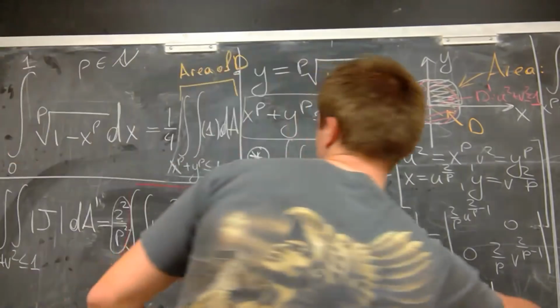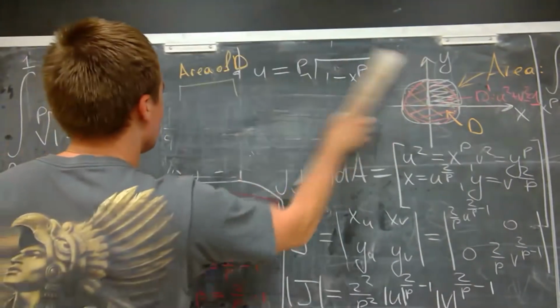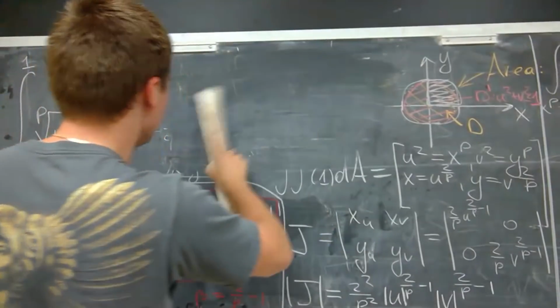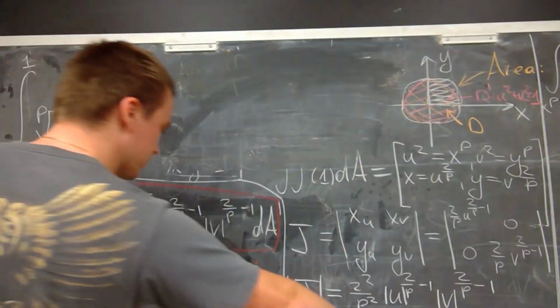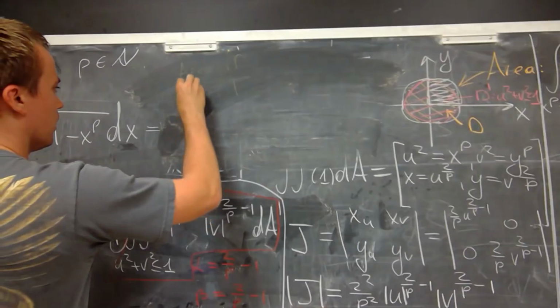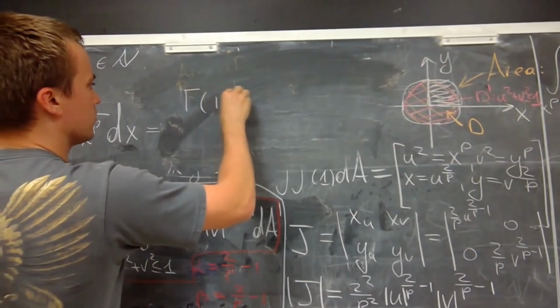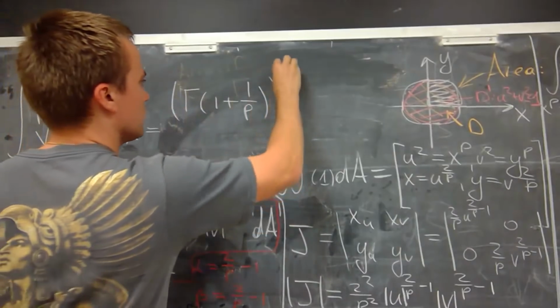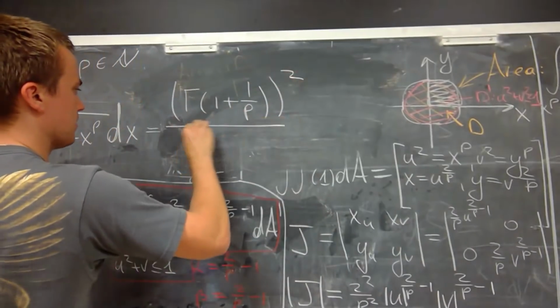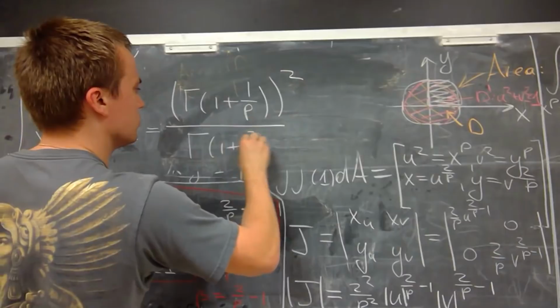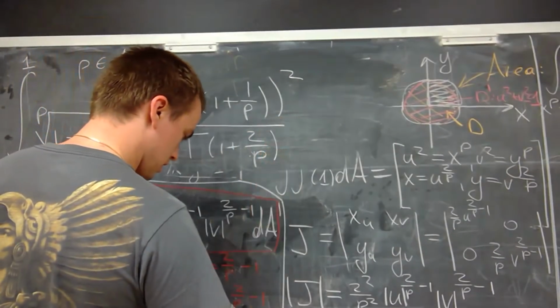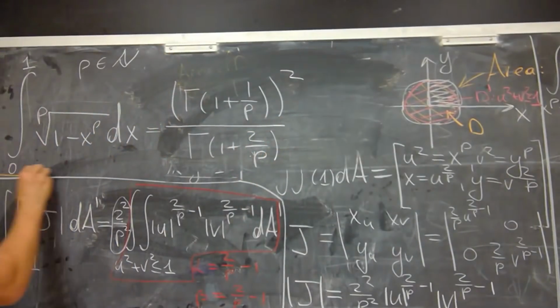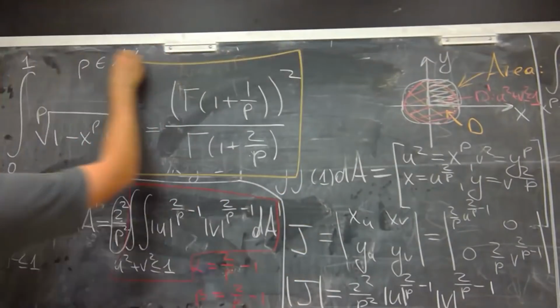And for people who just joined, I can just erase this and show you the final answer to this integral. So this integral is going to be equal to just gamma of 1 plus 1 over p, squared, over the gamma function of 1 plus 2 over p. And this was the value of this integral.